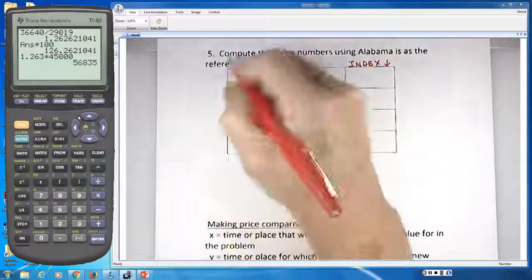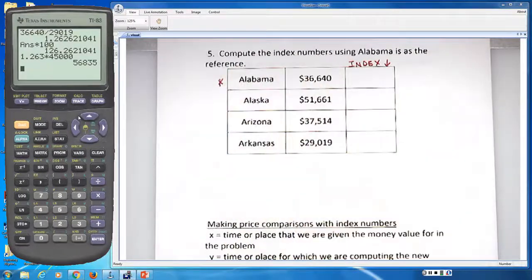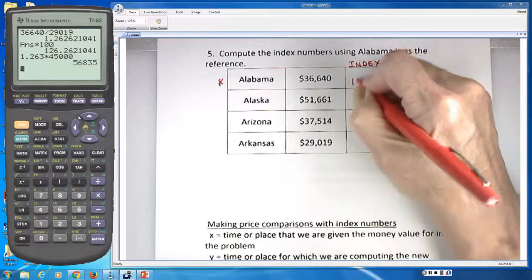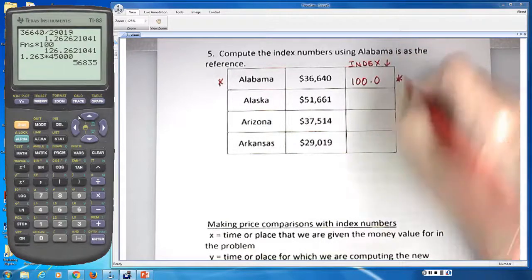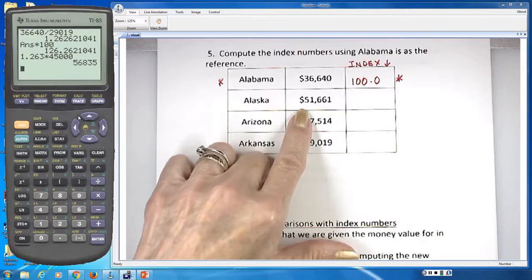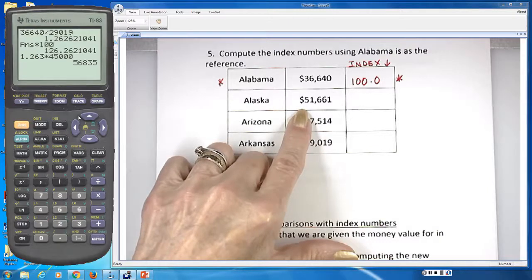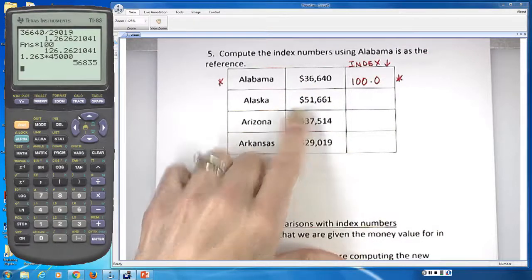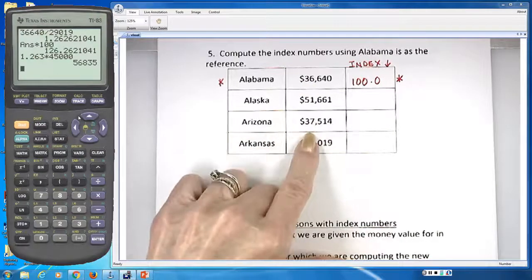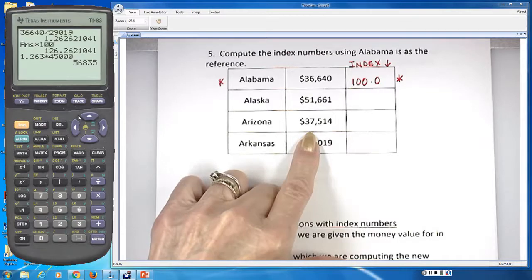What does that mean about Alabama's index? What's their index? Okay, it's going to be the 100.0. So compute the index for Alaska. Is it going to be more or less than 100? More. Because Alaska's higher. Compute the index for Arizona. Is it going to be more or less than 100?